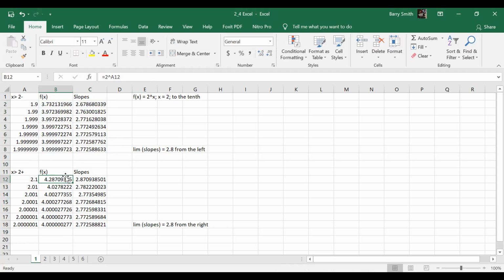And then it also does something if you click out. We ended up with this, and it's out to a lot more decimal places than I even wrote down. The limit of the slopes, I didn't write what it was because I can't write that by typing, was 2.8. So we rounded to the nearest tenth and got 2.8. Here we got 2.8 again from the right.